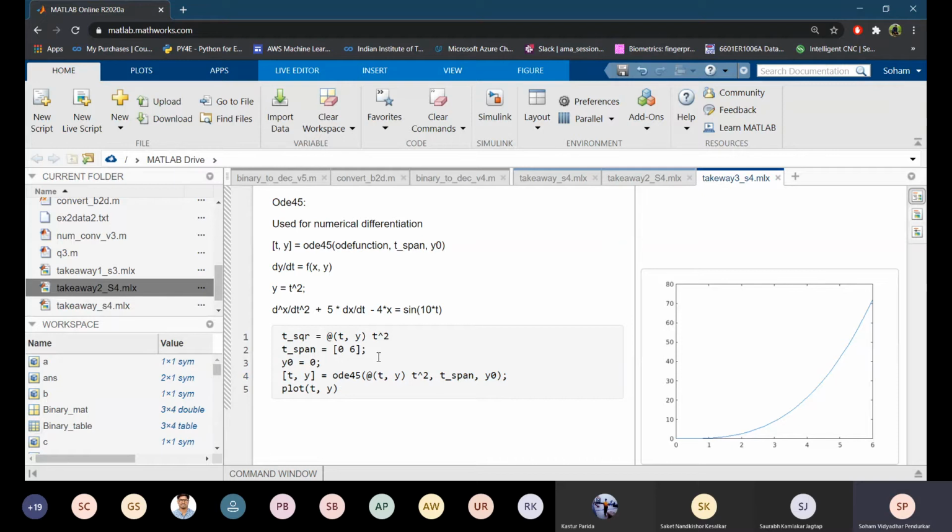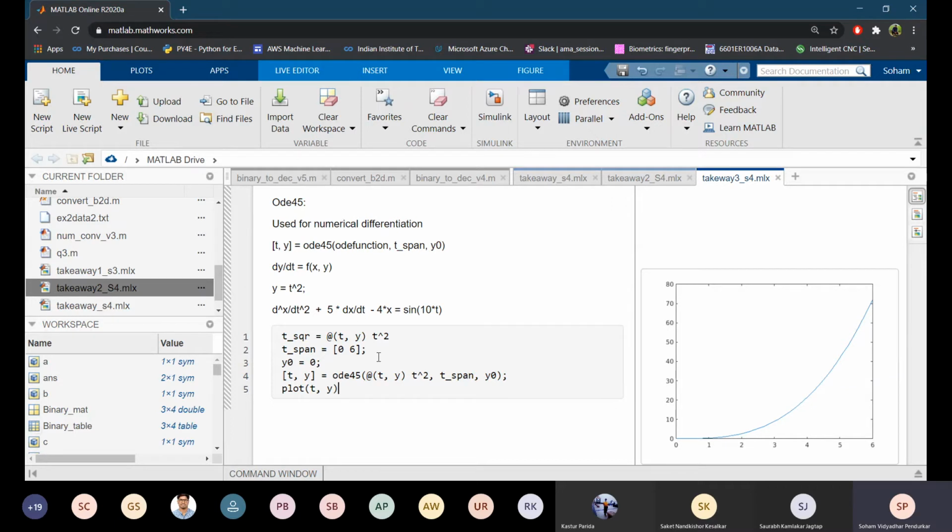You also know this from your previous experience with numerical differentiation while studying Runge-Kutta, that dy by dt equals f of x, y is the form that this numerical solver will want from you.